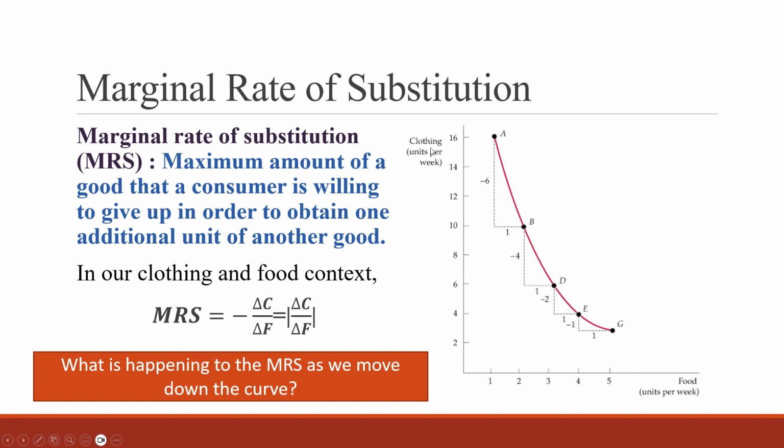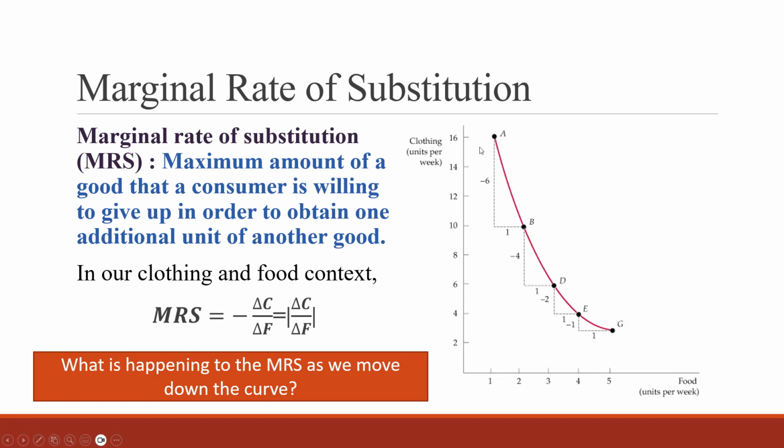But on the other hand, we are very short in food. It's like the first bite, the second one, right? So at that time, a little bit more food will give us a lot of increment in utility, right? Then we are willing to forgo a lot of clothing, since each unit of clothing forgone will not impair your satisfaction a lot.